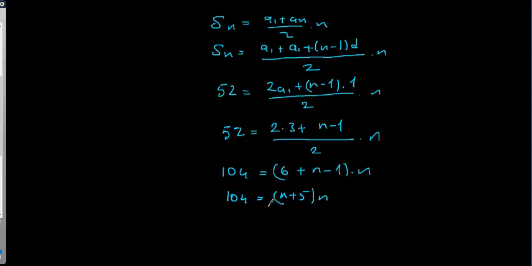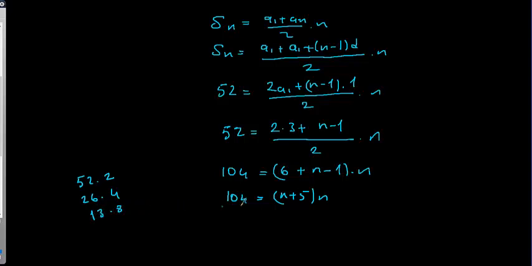Here there are two methods. We can use the factorization method, or expand it as n squared plus 5n. N is representing a natural number, so we can find the natural factors of 104. We know that 104 is equal to 52 times 2, which is equal to 26 times 4, and at the same time it is 13 times 8.